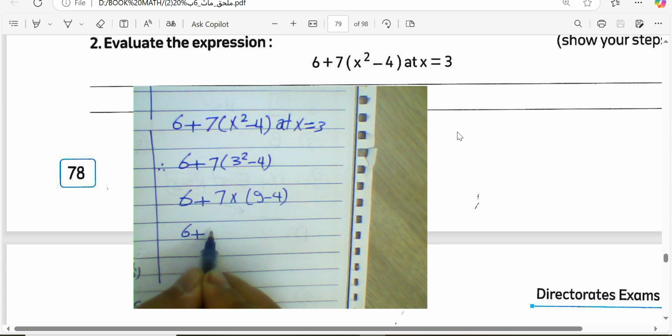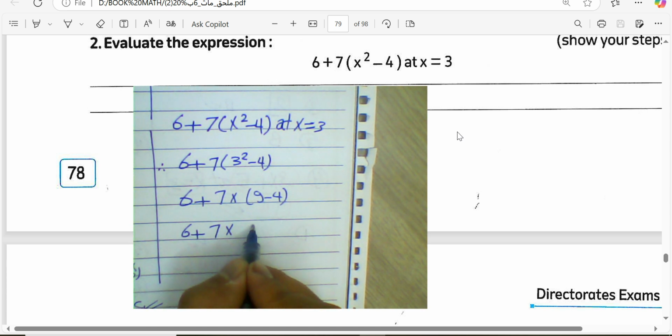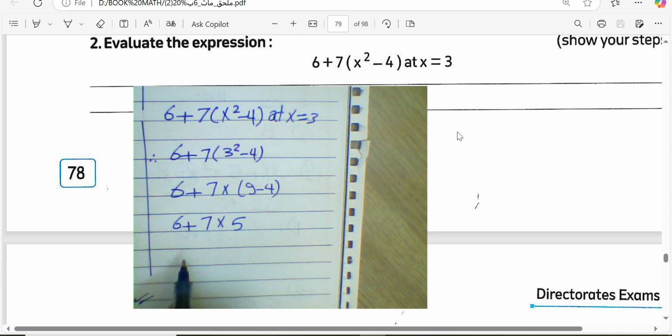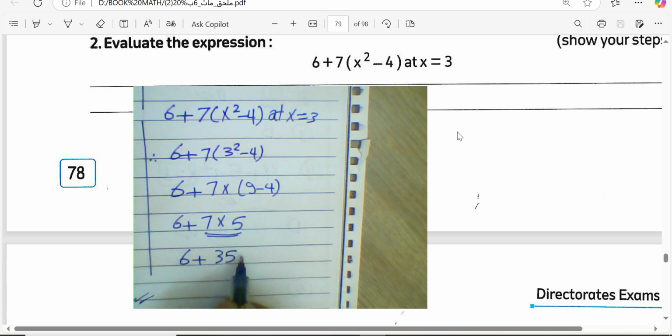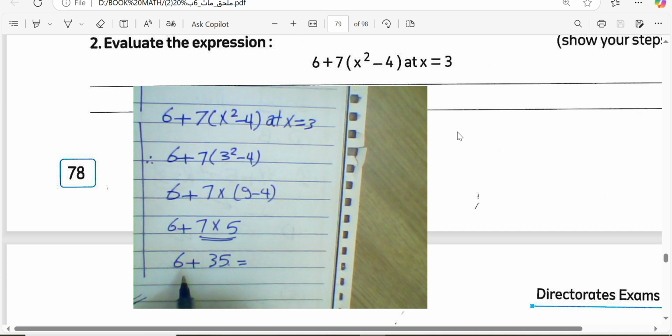And then we can write 6 plus 7 times 9 minus 4, it will be 5. Then we can write 6 plus 7 times 5 equals 35. Okay, find the product first. 6 plus 5 is 11, 1, and we carry 1. 1 plus 3 equals 4, then the result will be 41.